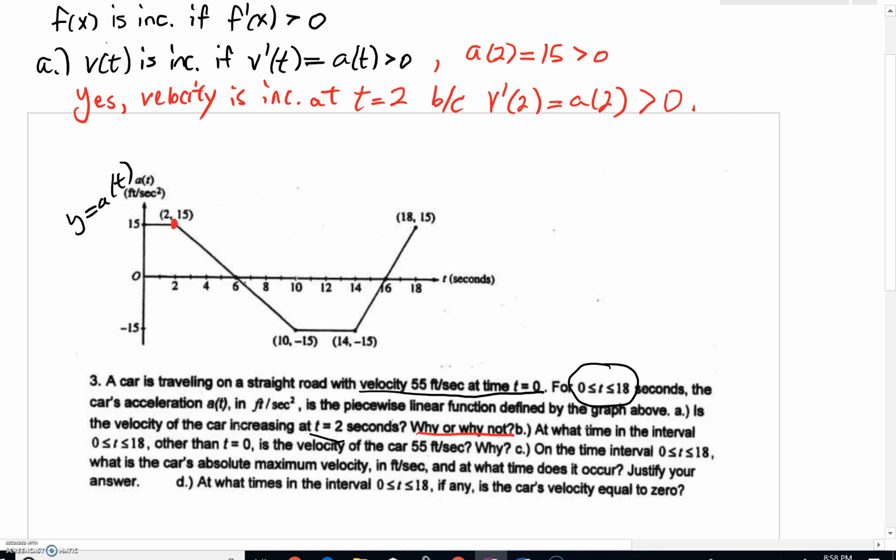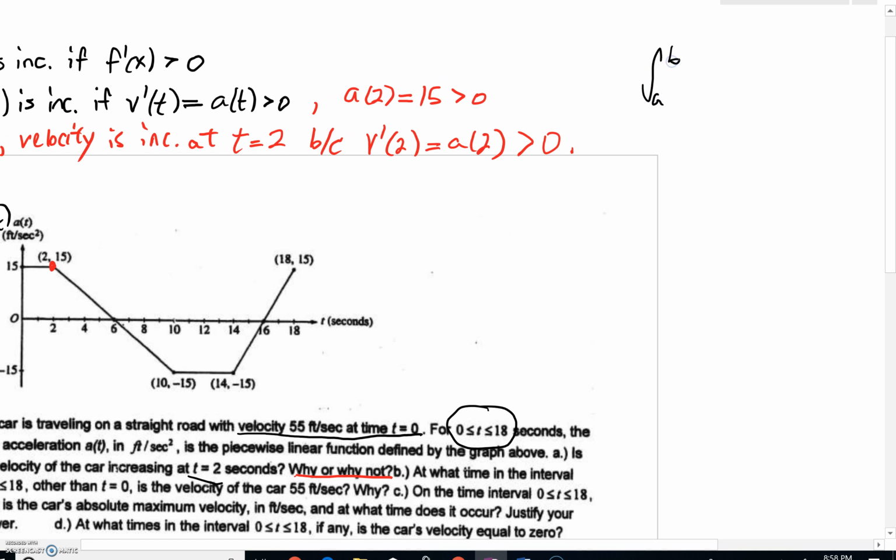And obviously, we're given acceleration here. Maybe we just need to review something. If I were integrating from, rather than call it a and b, maybe it's even more helpful to just call it t1 and t2, a beginning time and an ending time.